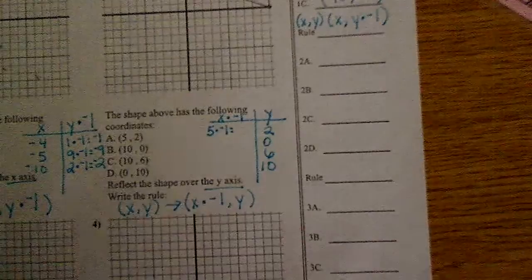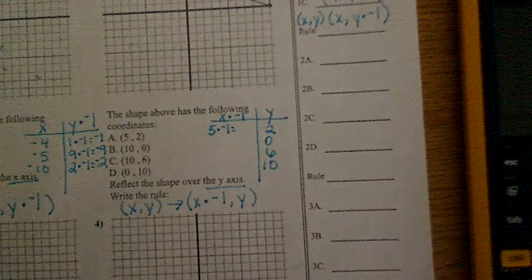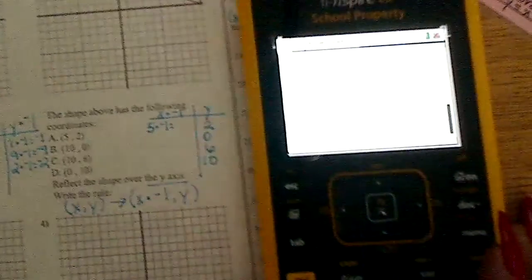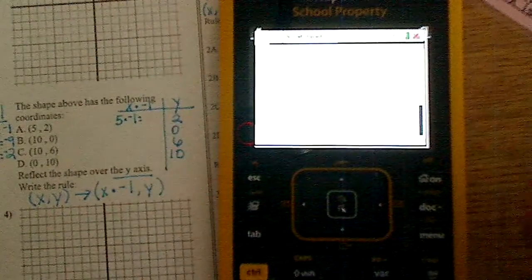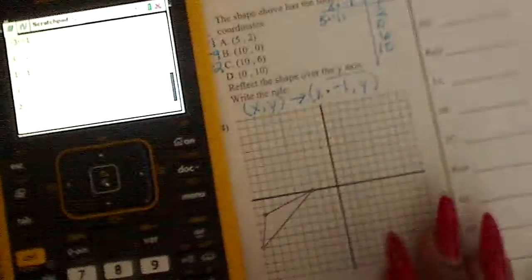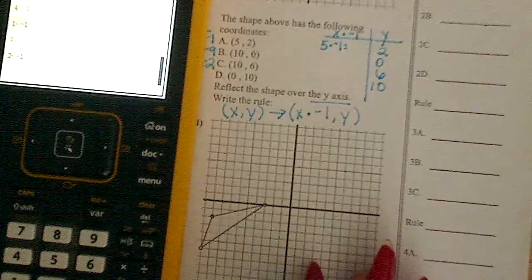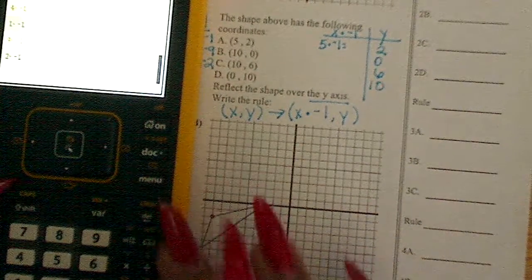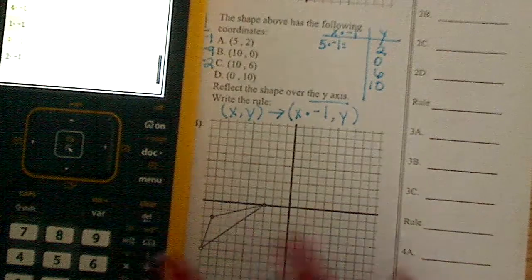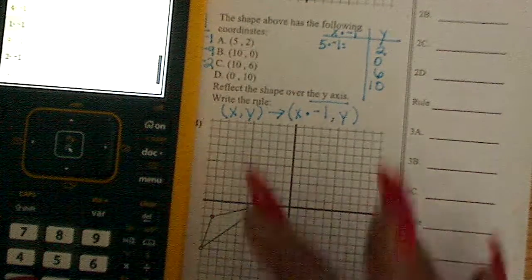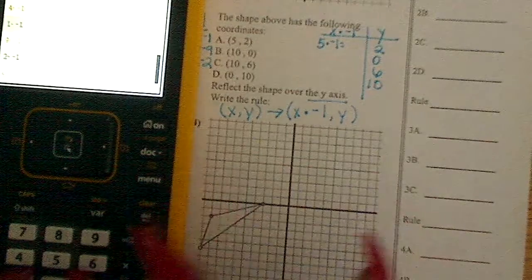So at point A, my x is what? 5. So I'll have 5 times -1. I'll put that in my calculator. What's my answer? -5. Let me switch it to the other side real quick so you can see it. I just don't think that's going to video very well. That's okay. It's 5 times -1, and you end up with -5.